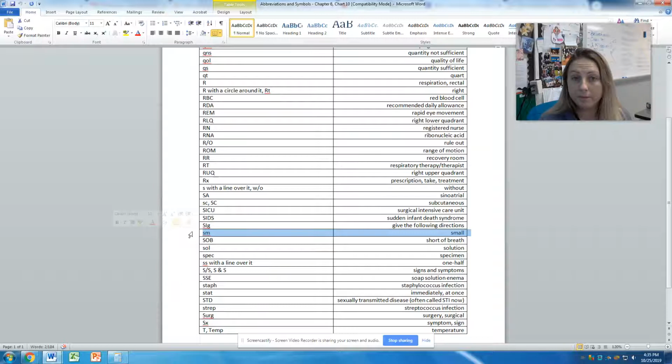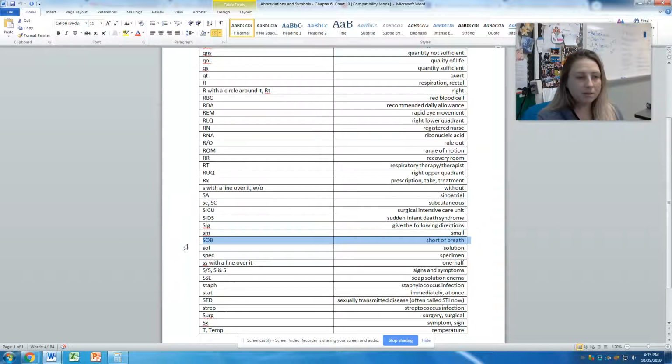Haven't for a long time. But small means small, right? It could be like a small C collar, small splint, small. It's a descriptor.